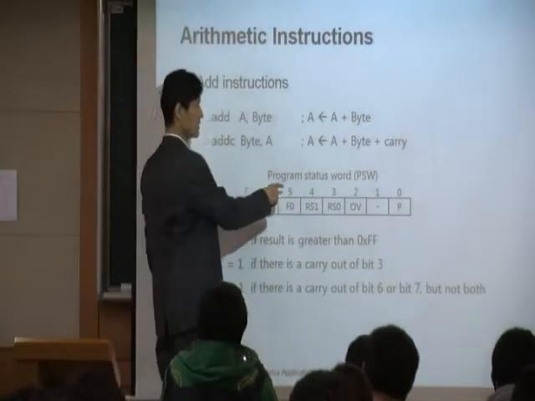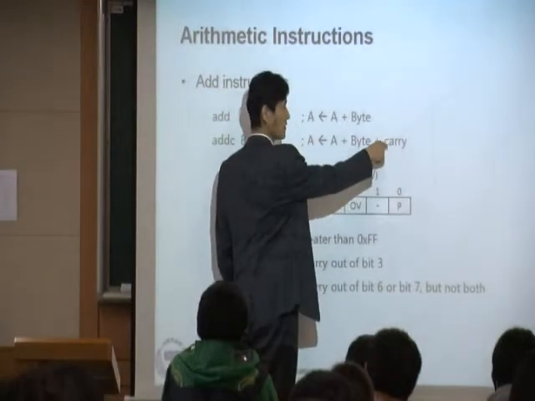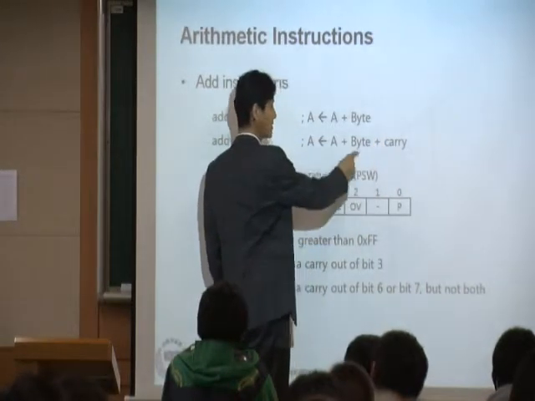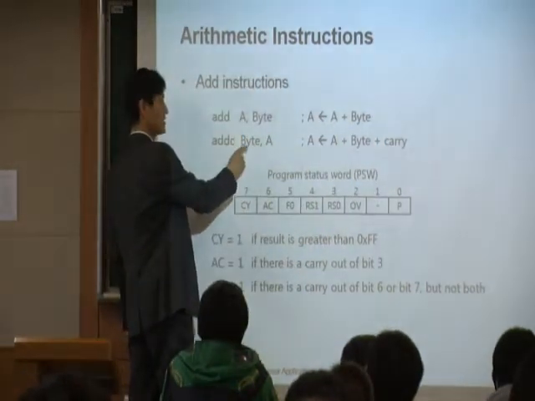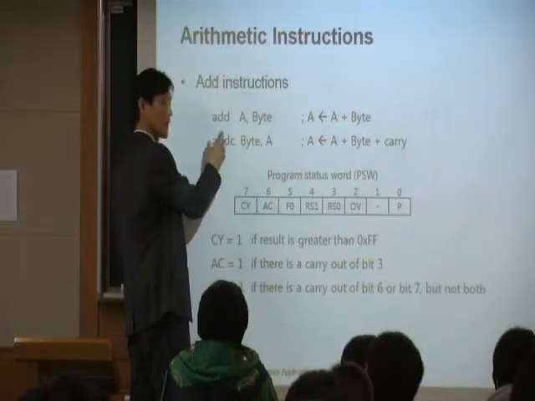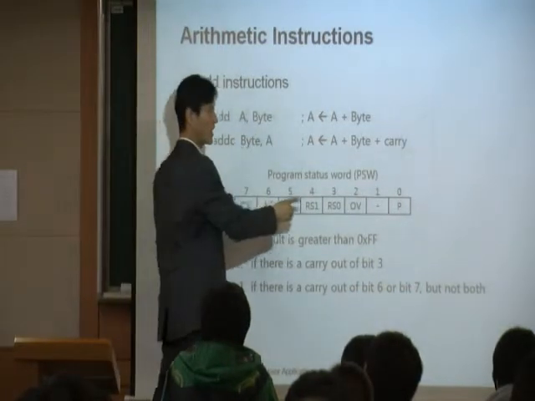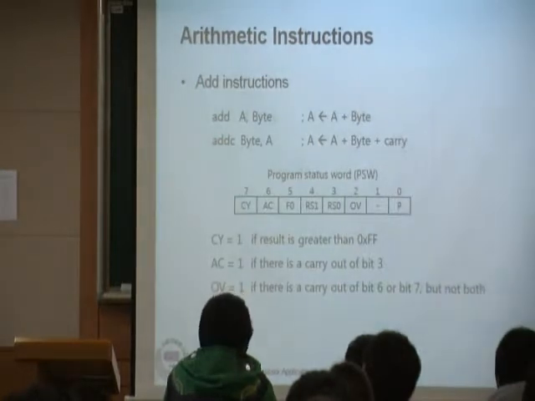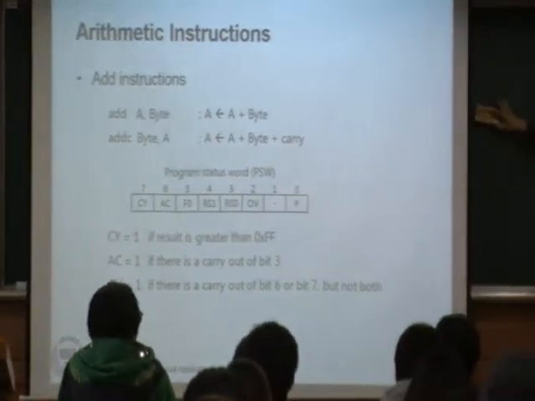So you're adding it. If the carry is 0, okay, then this one becomes the same. The output will be the same. But if the carry equals 1, then the output is not the same. So let's see.